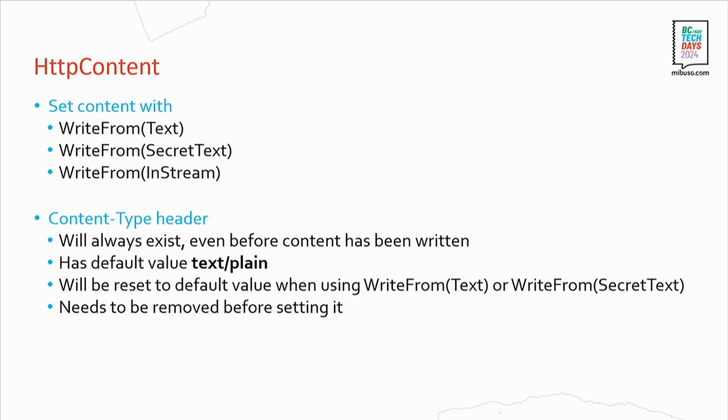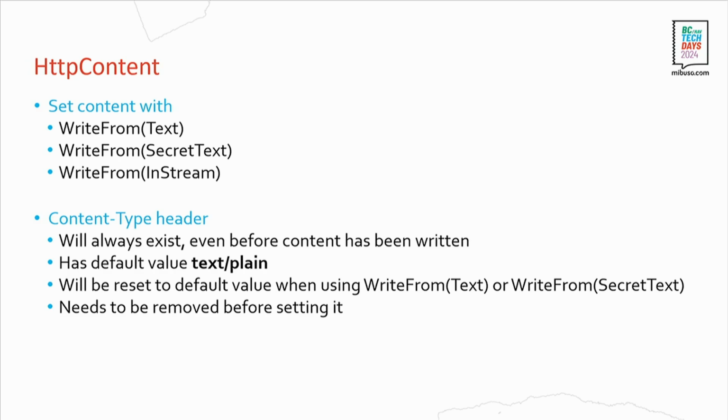The HTTP content, when we look into .NET, for those who know .NET, I'm not opening it, I'm just telling you, the HTTP content object in .NET is an abstract object, meaning that it is an object that you cannot instantiate. You cannot create an HTTP content object. The only thing you can do is create one of the derived types.